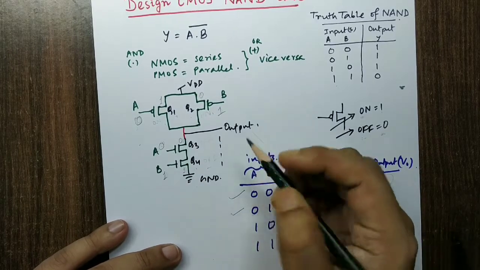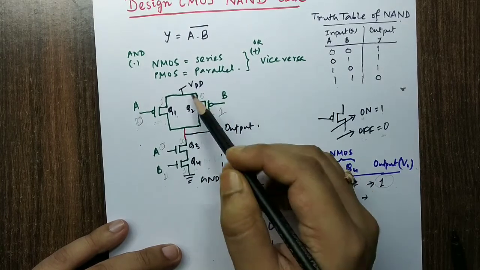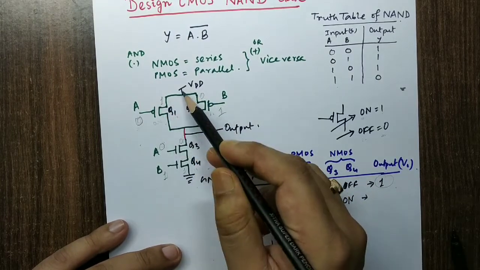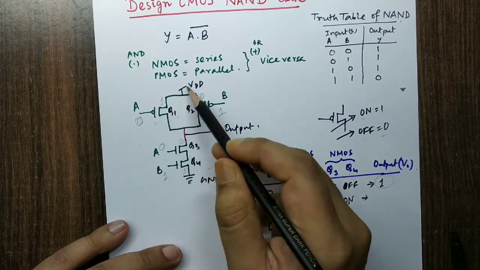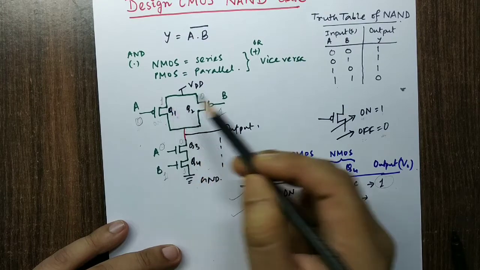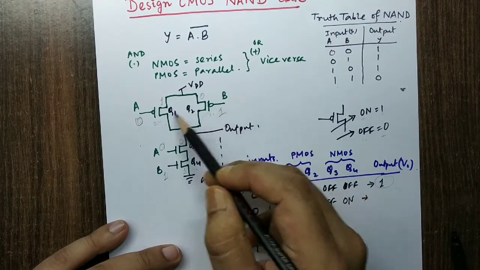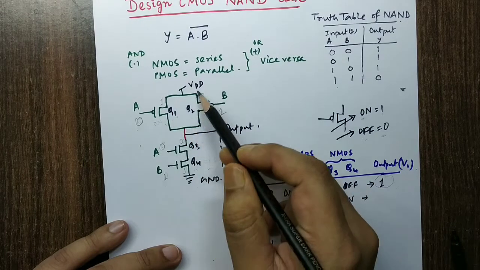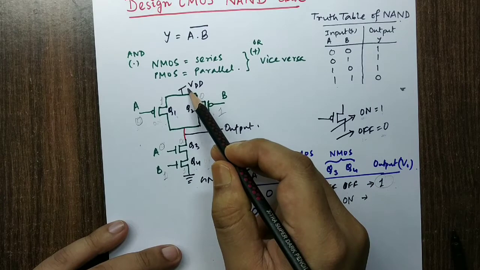If we analyze the circuit level, the output can still make a connection with VDD through this line. Why? Because Q1 is on, so the output can easily make a connection with supply through this line, whereas Q2 is off. Doesn't matter. Why? Because Q1 and Q2 transistors are making a parallel path, so in any path the output can make a connection with VDD.